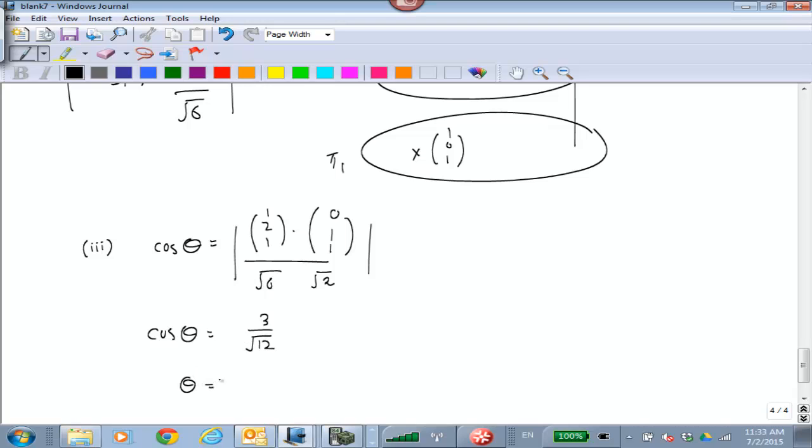Theta is actually, you know how much? Use your calculator now. Cosine inverse of 3 over square root 12 is 30 degrees, right? I thought the answer tells me to show 60 degrees. Do you know why it's 60 degrees? Because this question is about the line and plane angle.